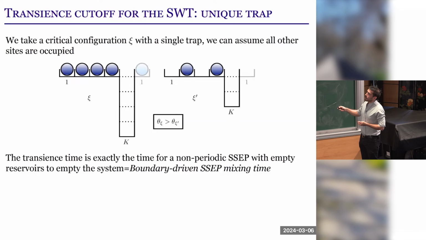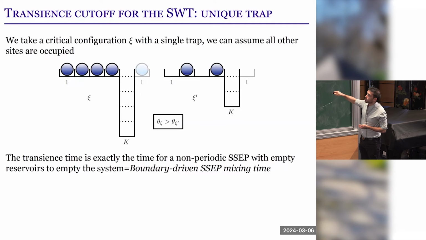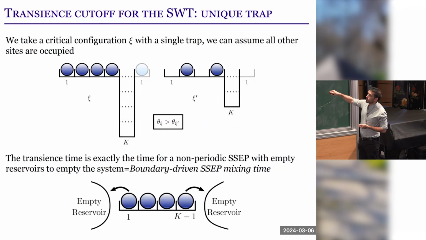So the transience time for this configuration with a single trap is related to the boundary-driven SSEP mixing time. Why? Recall that we are in a periodic setting, so this trap here is also connected to the other boundary. So what happens is you're putting your 4 particles here at both extremities in contact with a reservoir that removes the particles at rate 1.